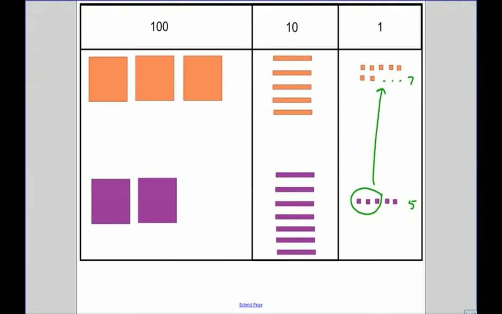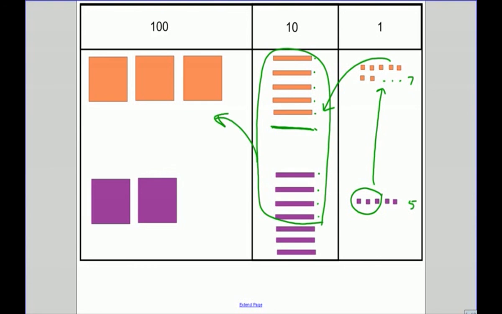And a 10 actually would move this over. So maybe I'm going to draw an extra rod here, just to remind myself. Okay, well, I need 10 rods to make 100. So I have 1, 2, 3, 4, 5, 6, 7, 8, 9, 10. I can take all of this and make a new 100, and to remind myself, I'll just draw a square.